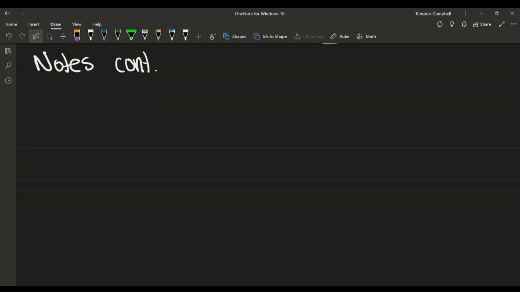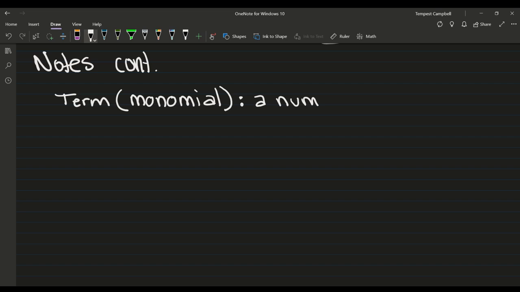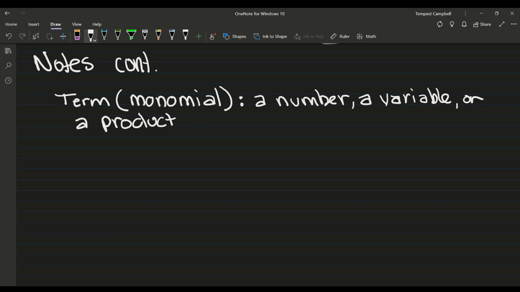All right, so the idea with this part of the notes, we're going to talk about what's called a term, which we also call a monomial. And this is going to be a number, a variable, or a product or quotient, because remember, multiplication and division are related.